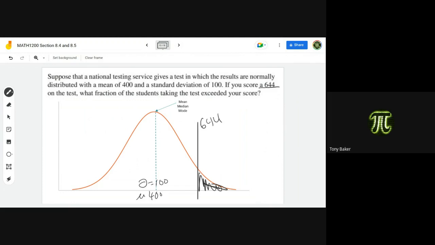Okay. Now we're back to what we were doing before. So take the word problem, translate it to a picture, and now we can do the other stuff. So are you still doing x minus mean? Yep. So it's 644 minus 400 divided by 100. So 244 divided by 100 is 2.44.